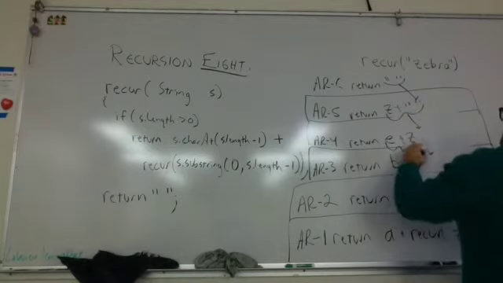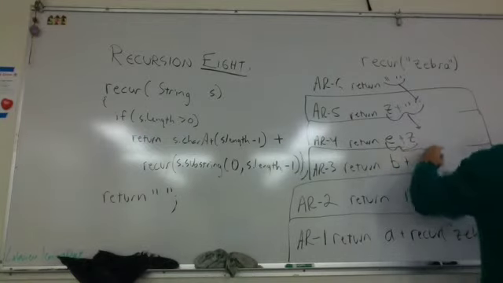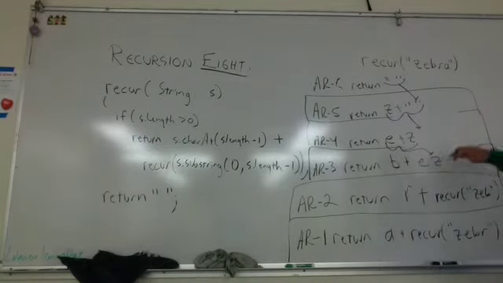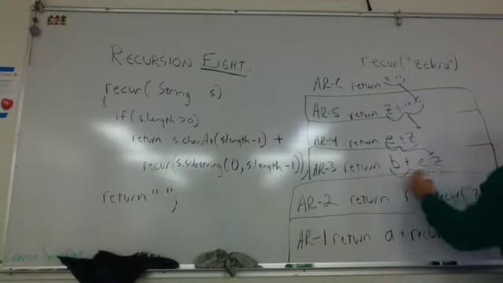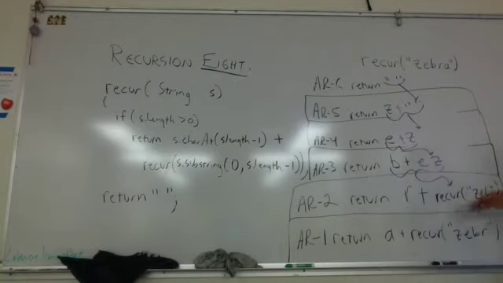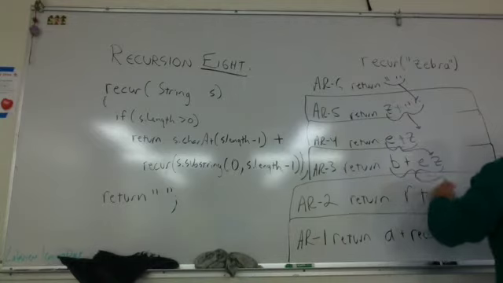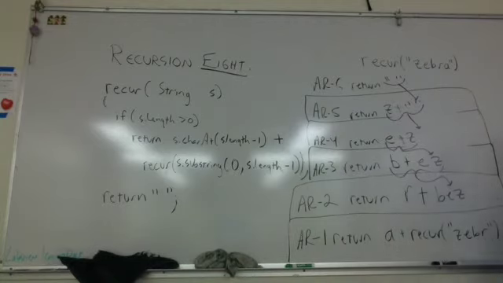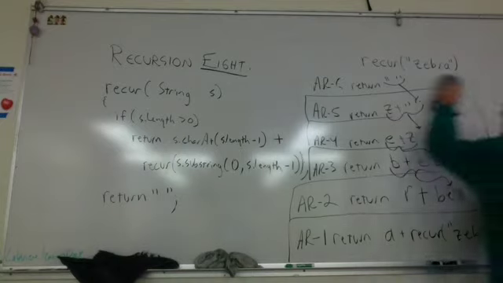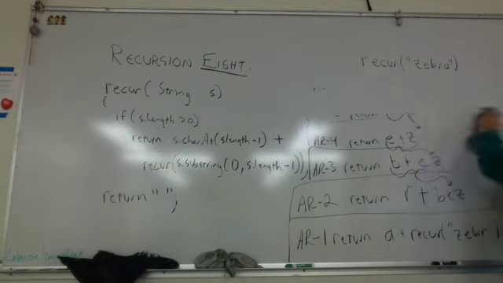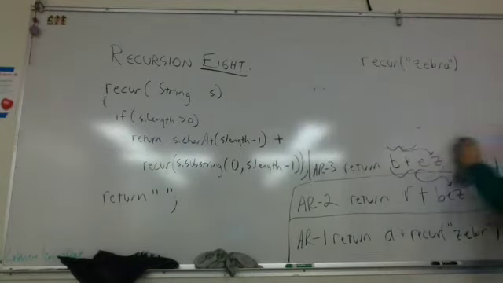So E Z. This return goes in for that method call. This gets returned, and so we've got BEZ. And as each one returns, it gets removed from the stack since it's no longer being used.